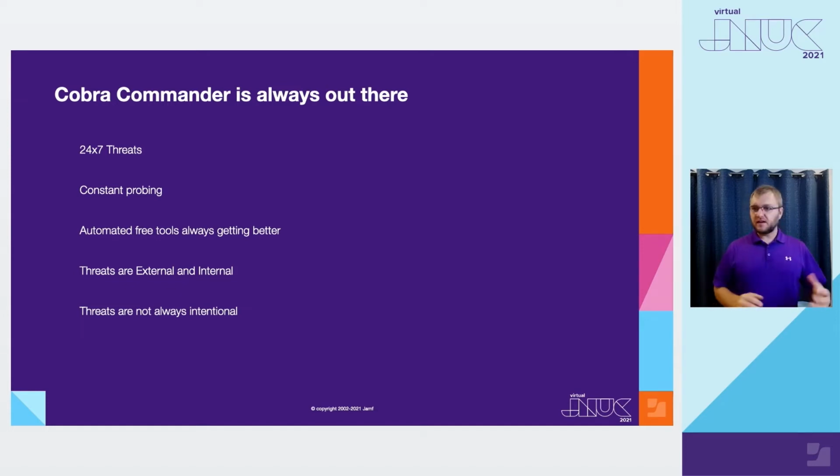The one that's really hard for people to understand sometimes, or to internalize, is that threats are not always just external. They tend to also be internal as well. And threats don't have to be intentional. A person can be a threat without intending to be a threat. So, for instance, in the zero trust world, you might have admins on your end users.